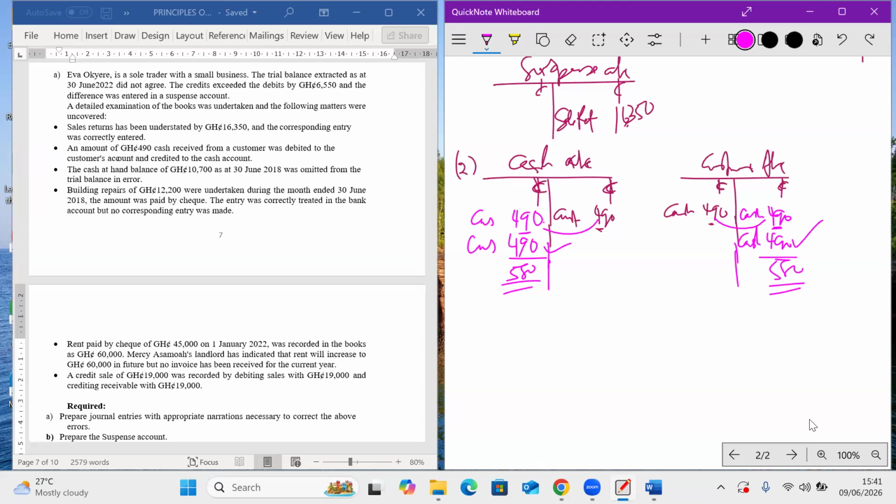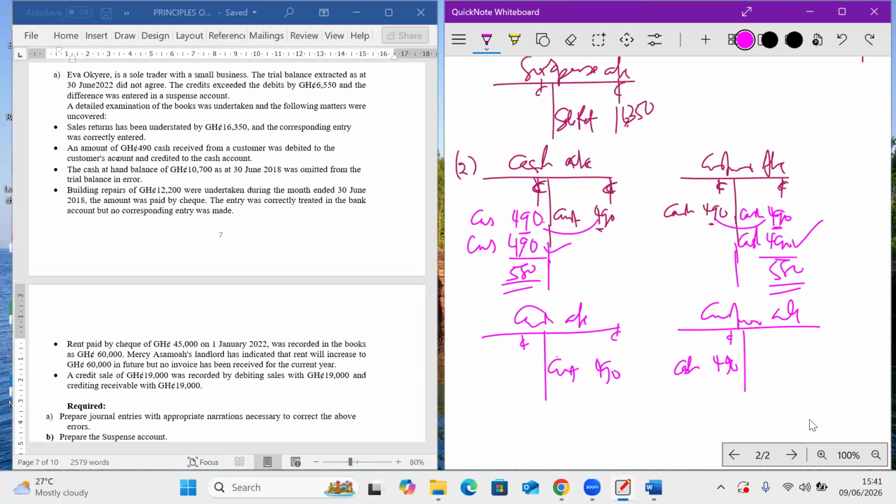Alternatively, I could have done it this way. Cash account, customer account. The error here was customer, 490. The error here was cash, 490. Because I've seen that they are not on the right side of the account, if I write only 490 here, it will first cancel it before I write another one.